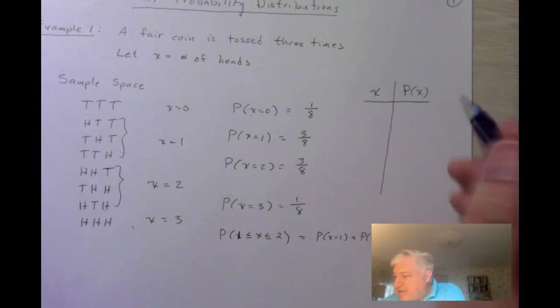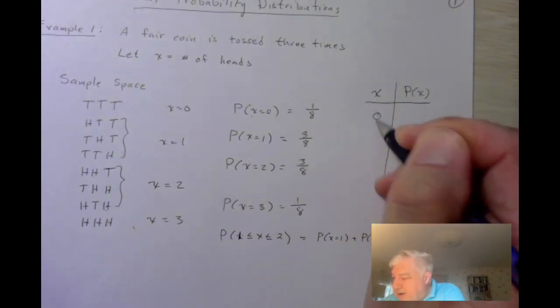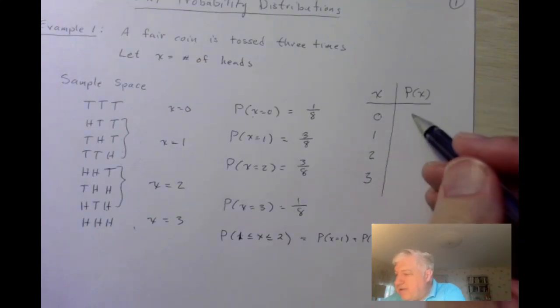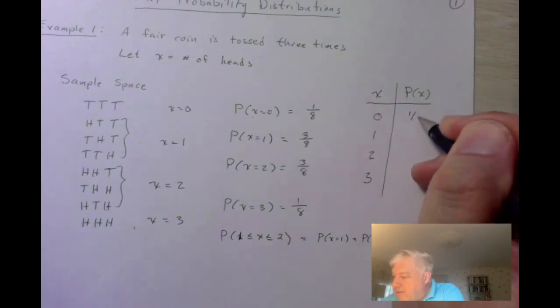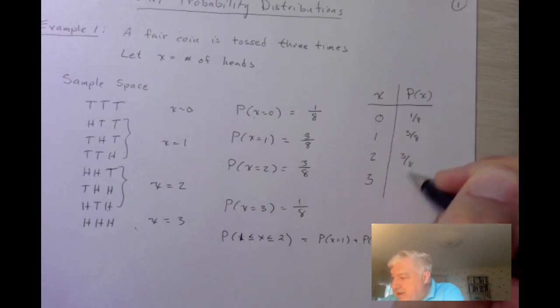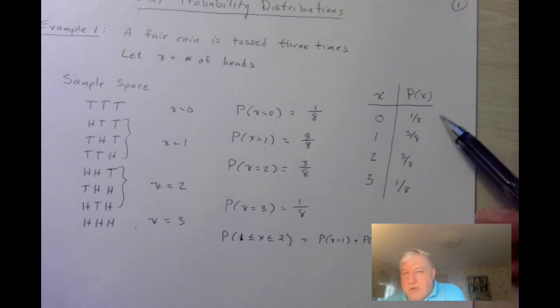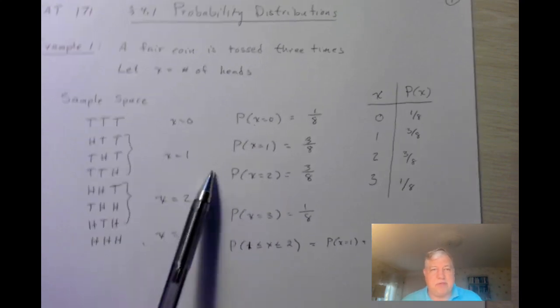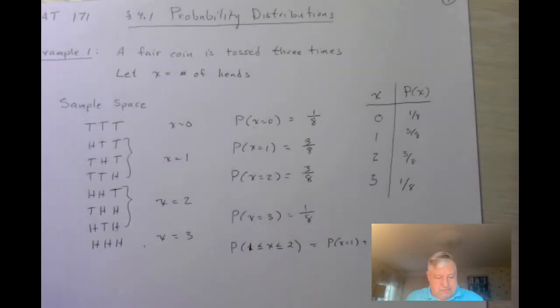So these are the possible values of x in this case, and the corresponding probabilities we said were 1/8, 3/8, 3/8, and 1/8. And notice that if you add up all these numbers, you get 1. So this is basically the probability distribution associated with this random variable x.